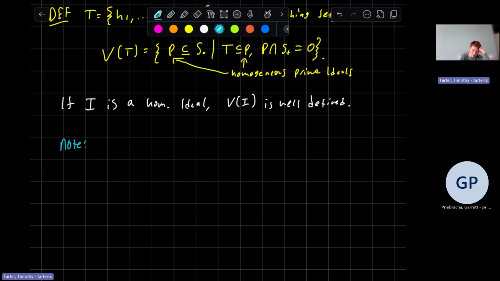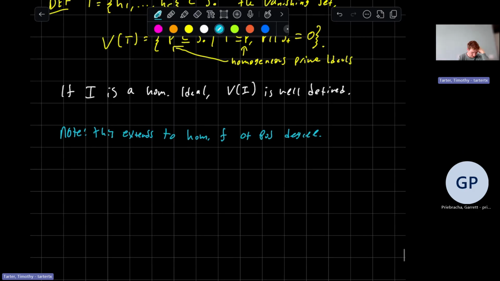So note this extends to homogeneous F of positive degree. And that makes sense. 1 over x can't vanish anywhere, so we don't worry about it, right?